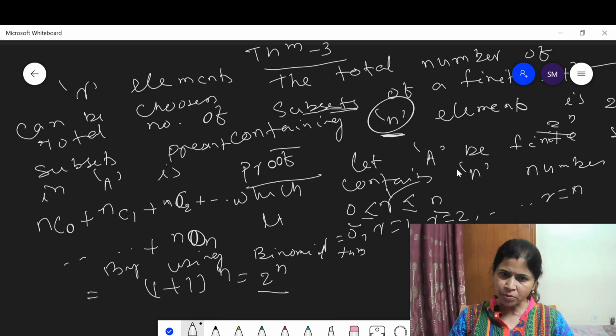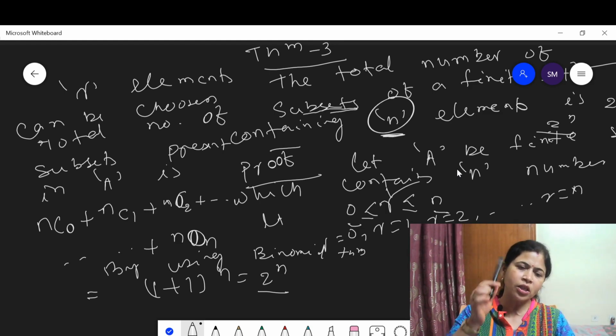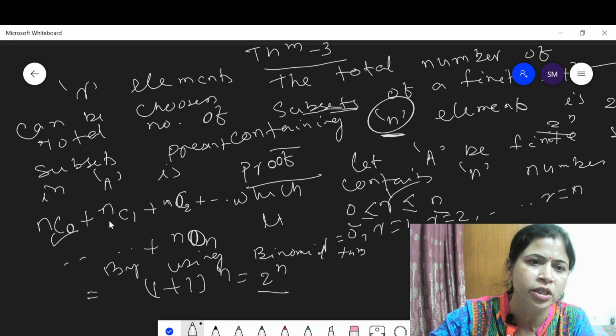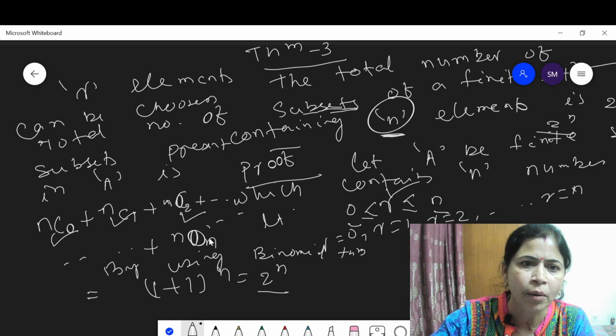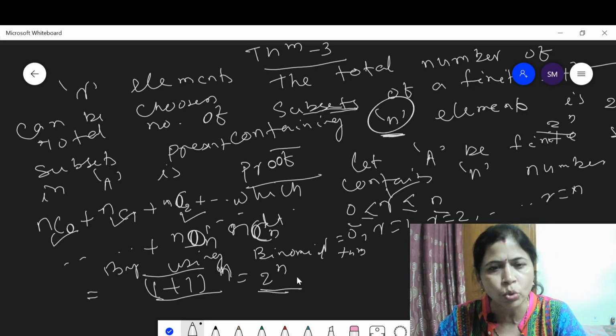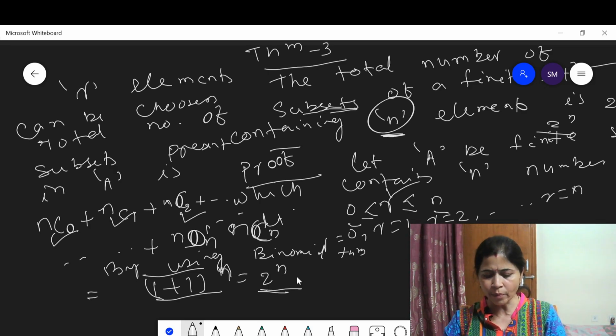Then the total number of subsets is nC0, nC1, nC2, and in this way up to nCn. Then by using the binomial theorem, we get (1 plus 1) to the power n, which is equal to 2 to the power n. Hence, we prove Theorem 3.